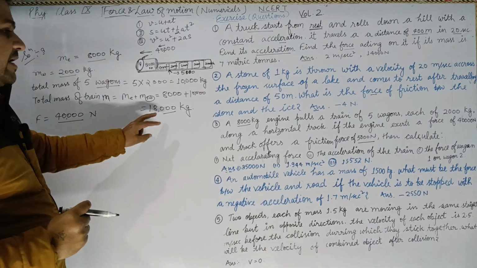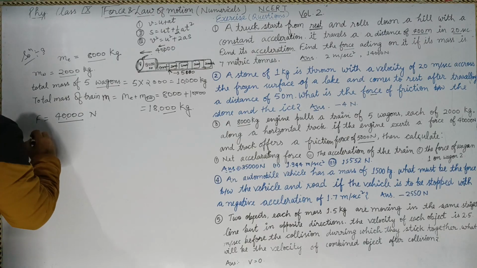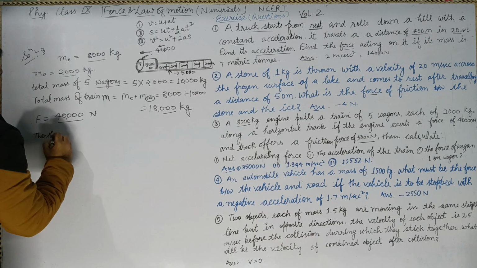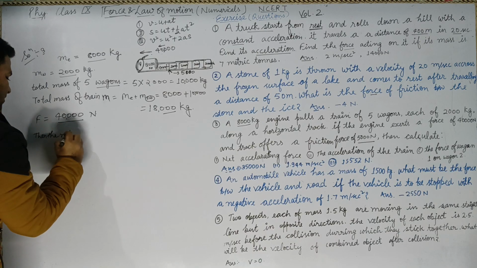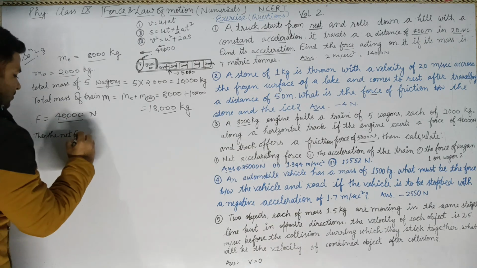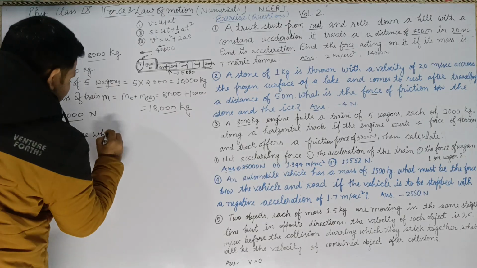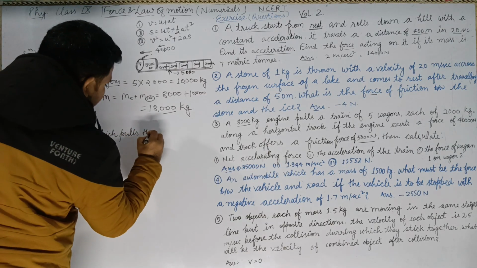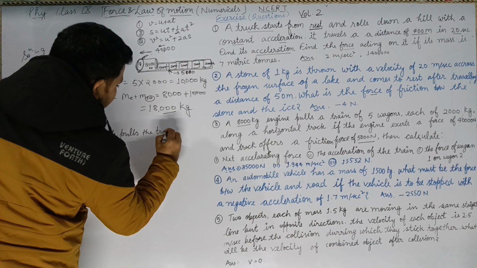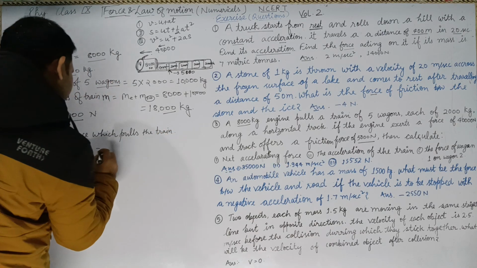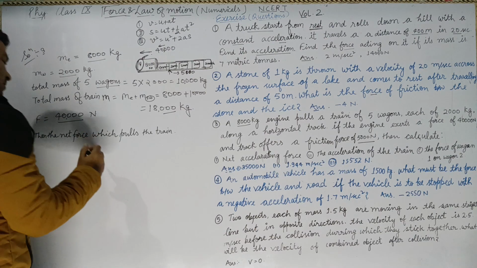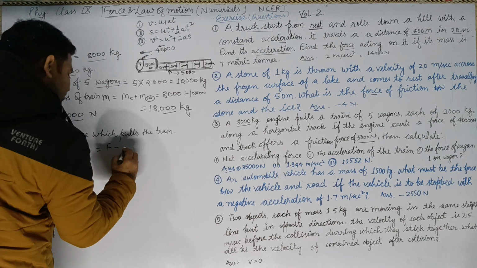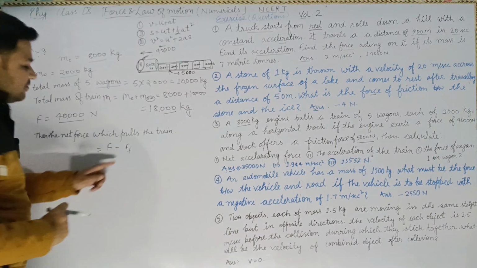We have to find the net force. The net force which pulls the train equals the 40,000 total force minus the force of friction.